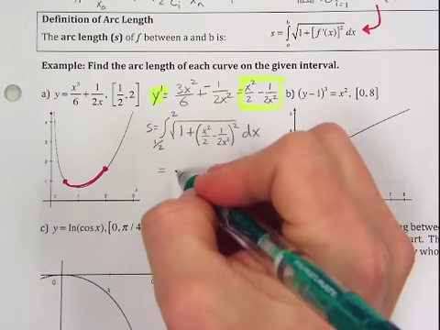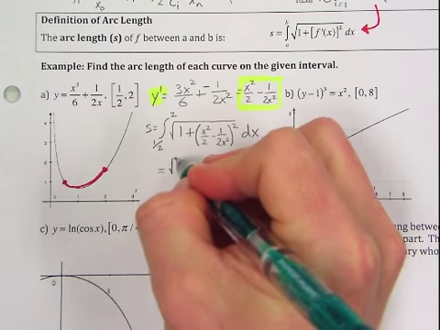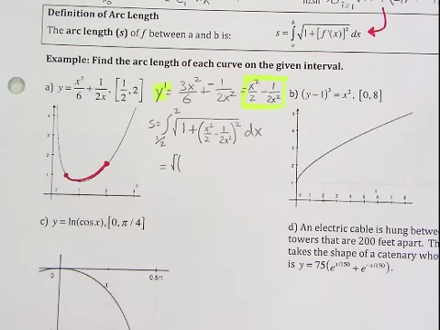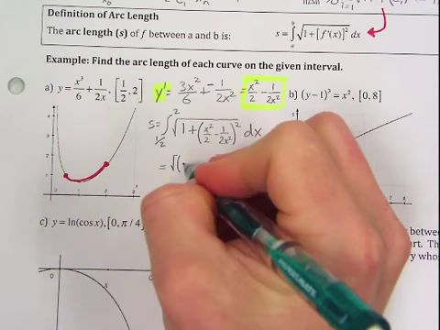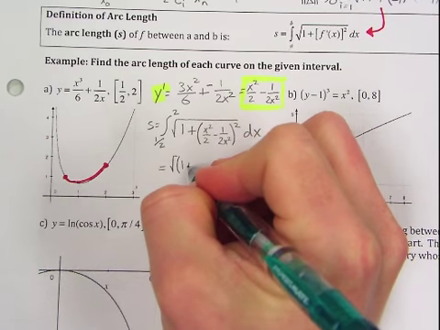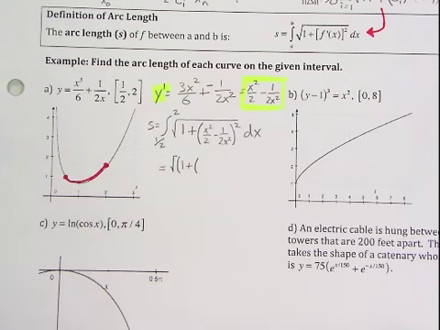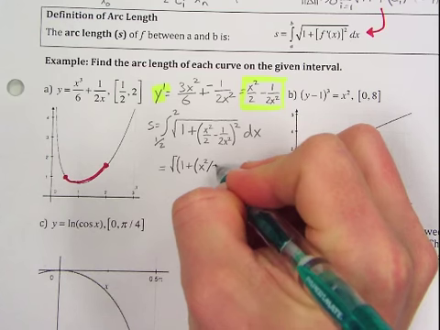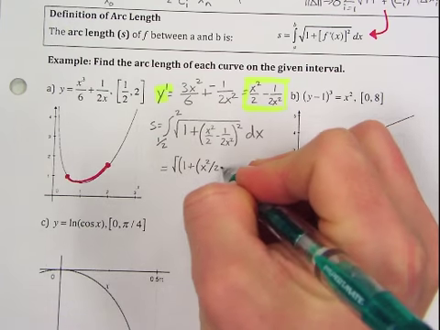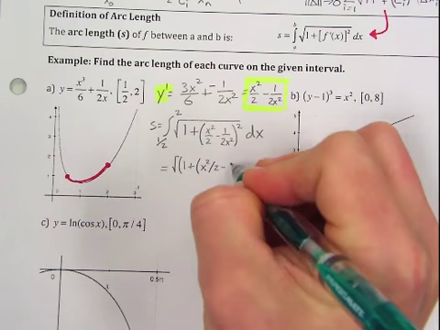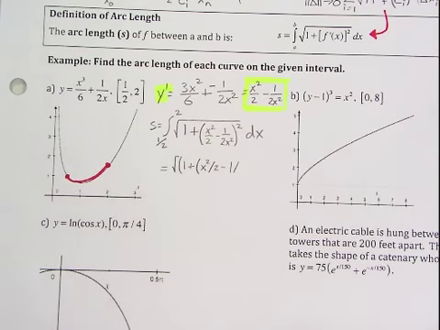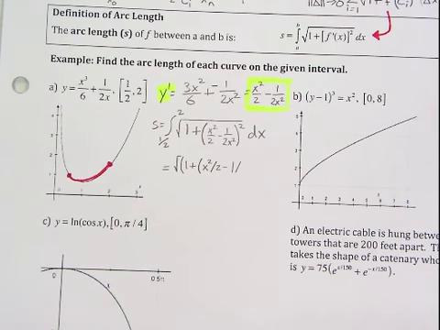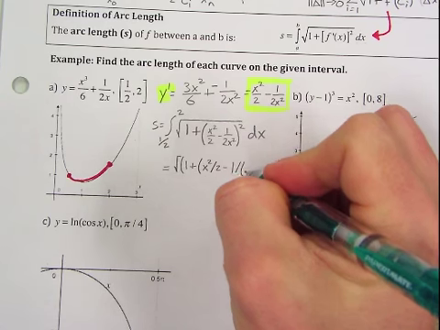The square root opens up a parenthesis, and we have 1 plus x squared divided by 2 minus 1 divided by, now you have to have parentheses. You can't just type 2x squared, otherwise it's going to take the x squared and multiply it in the numerator.